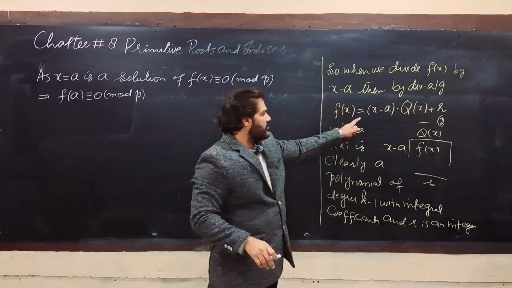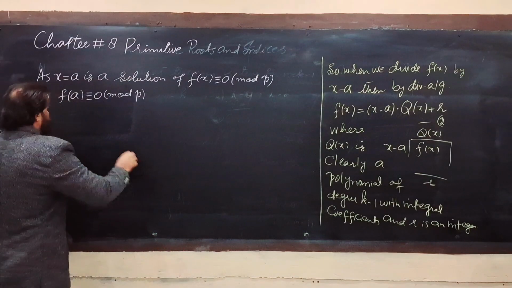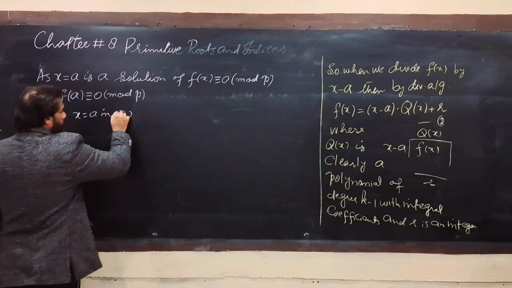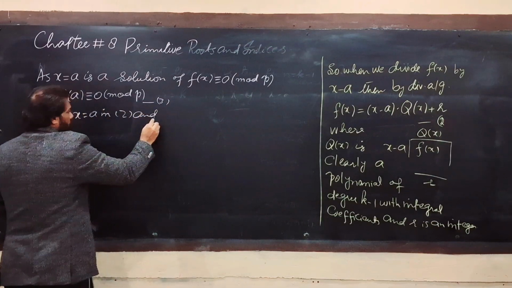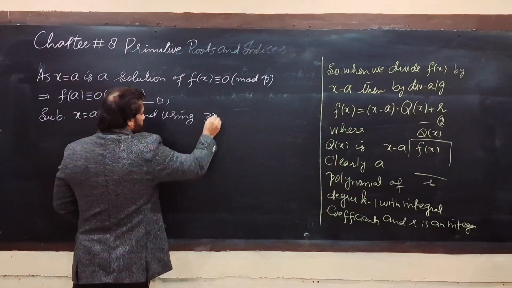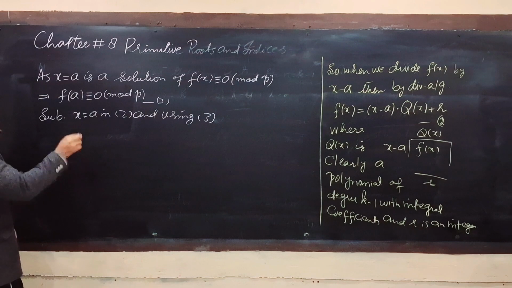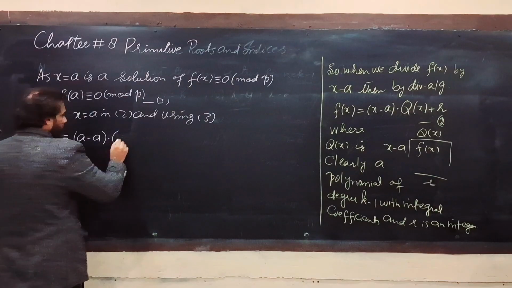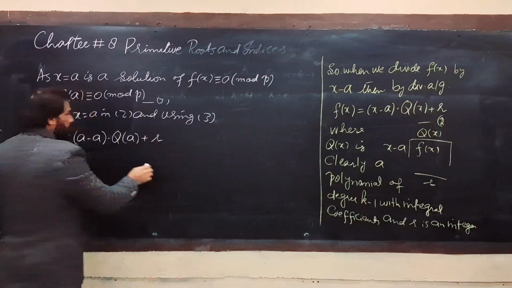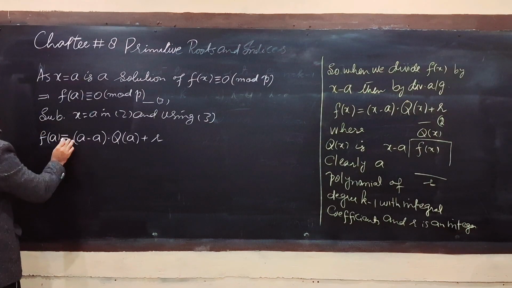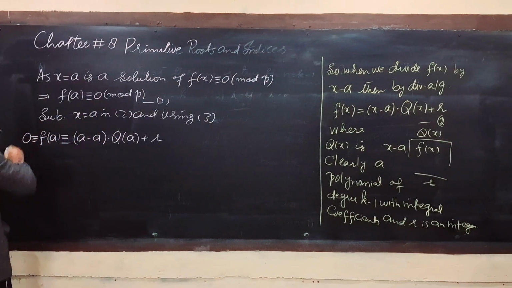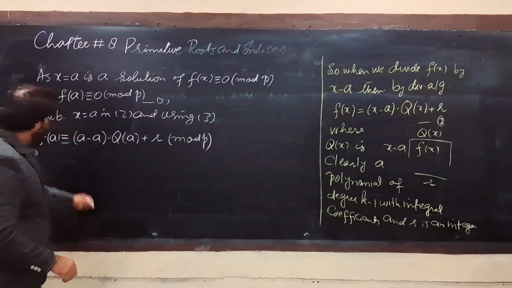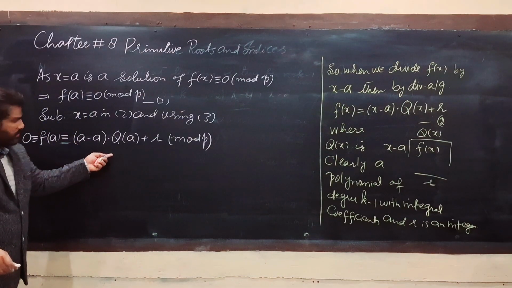If we substitute x equal to a into 2 and using 3, we have, when you put x equal to a, this will become a minus a into q of a plus remainder r, and this side is equal to f of a, which is congruent to 0 modulo p. a minus a is 0, 0 into q of a is also 0.